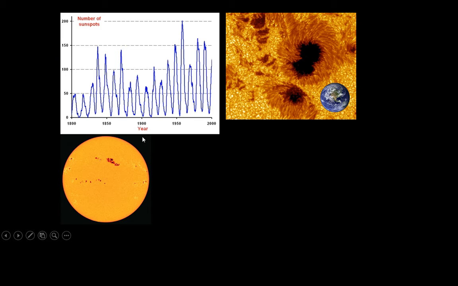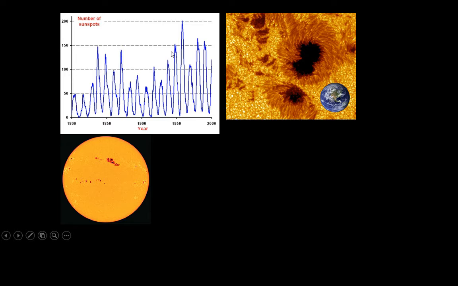So one of the things that we looked at at the beginning of this learning target was sunspot cycles. We know that sunspots are connected through solar flares and solar wind to geomagnetic storms, so it's important that we watch for sunspots. What we've noticed over the last couple hundred years is that sunspots occur in 11-year cycles, so the peaks occur every 11 years.